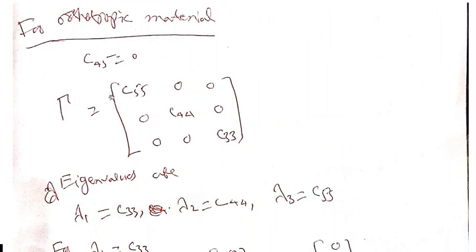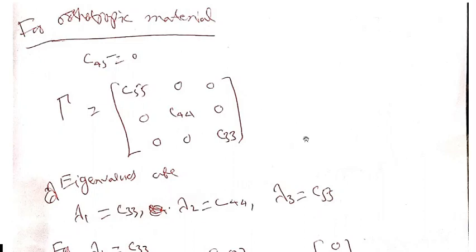Here we have diagonal components only. Simply use this in the matrix of gamma for monoclinic material.